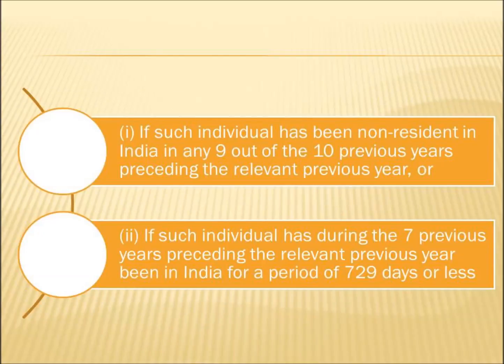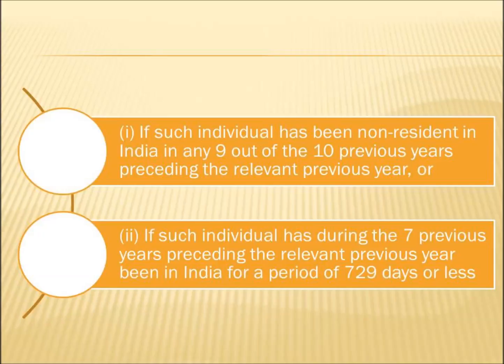These are the 2 conditions which determine whether an assessee will fall under the category of not ordinarily resident. These 2 conditions come with an 'or' condition, meaning either condition 1 or condition 2, any of the 2.